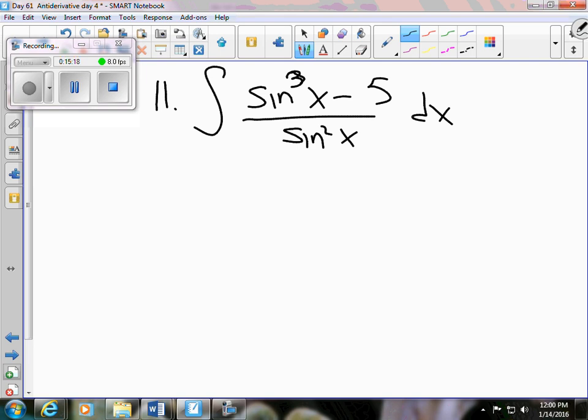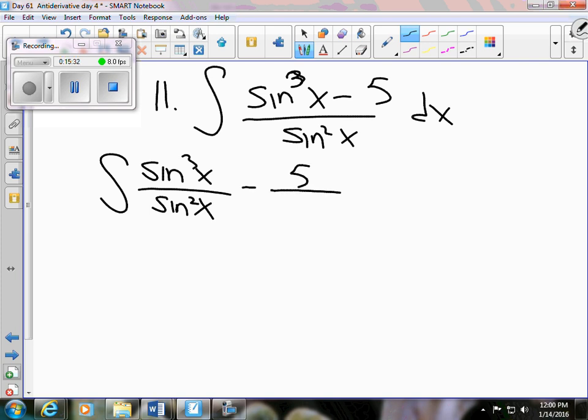When what's down here is just a monomial, usually you just break it up: sine cubed x over sine squared x minus 5 over sine squared x. Then you simplify each term. What's sine cubed x over sine squared x? Just sine x, and that's good because we know how to integrate that.